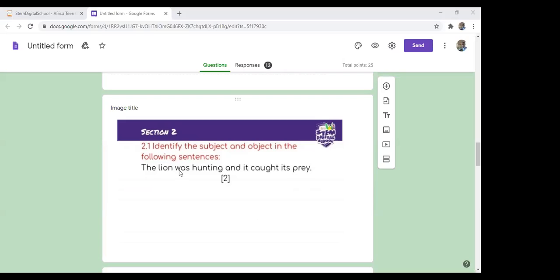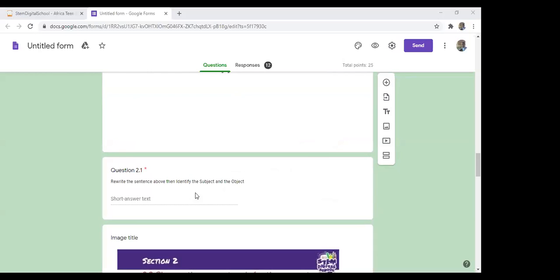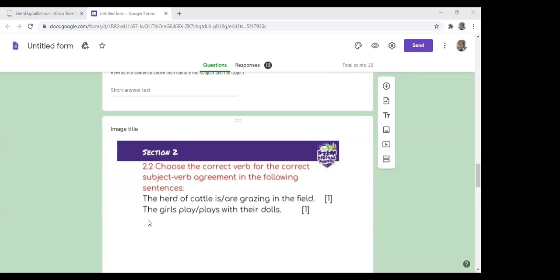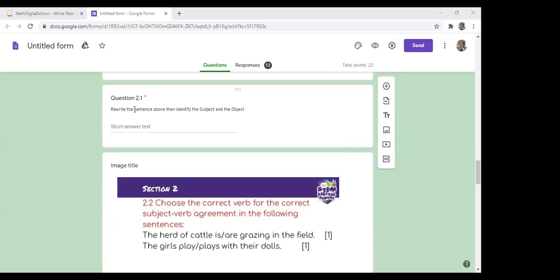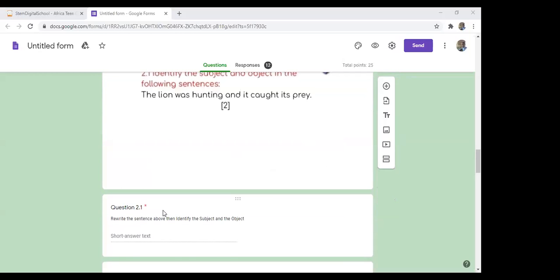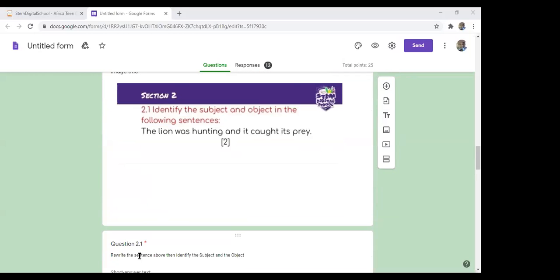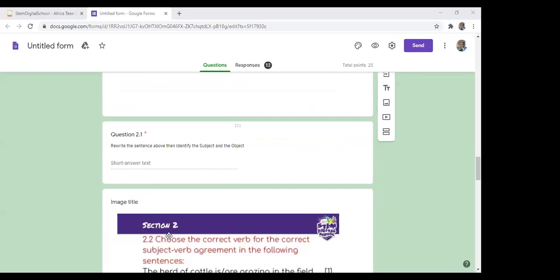Okay, so for 2.1, here you have to identify the subject and the object. Then here, let's see. So you need to follow all these instructions. Since there are those who didn't write, it will be unfair for me to explain everything.